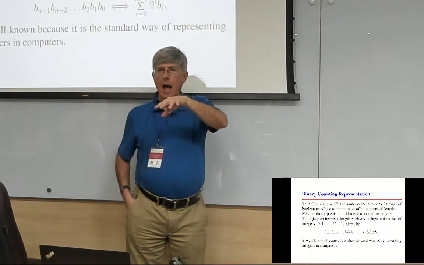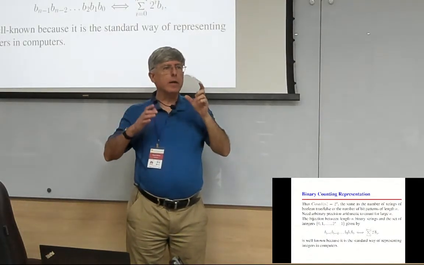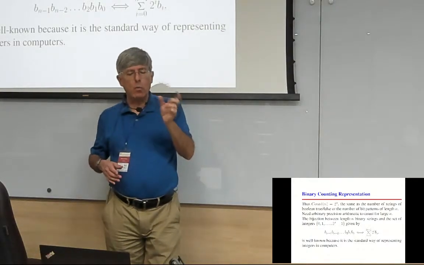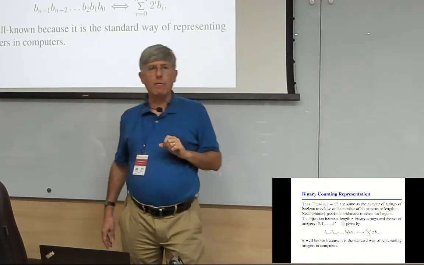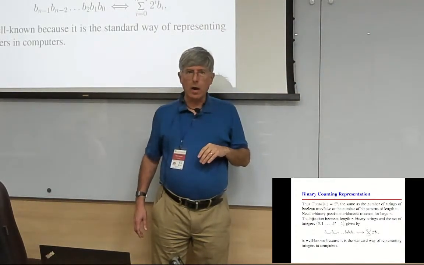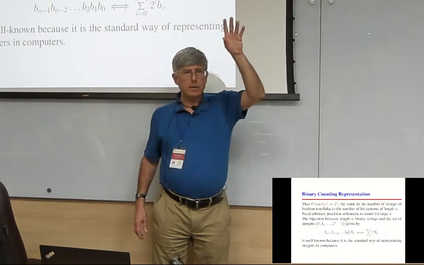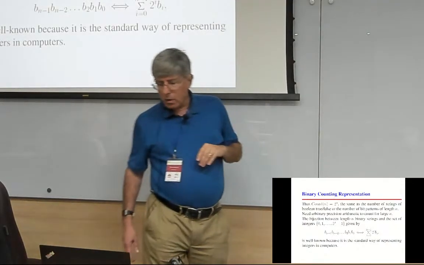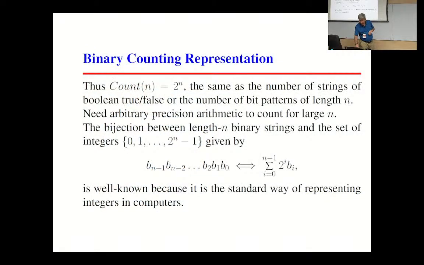And now you know that if you're representing a number with n bits, it can have a value from 0 to 2 to the n minus 1. That means there are as many bit patterns as there are subsets. In some sense that gives you a natural ranking order for subsets, right? Your favorite order was binary counting.